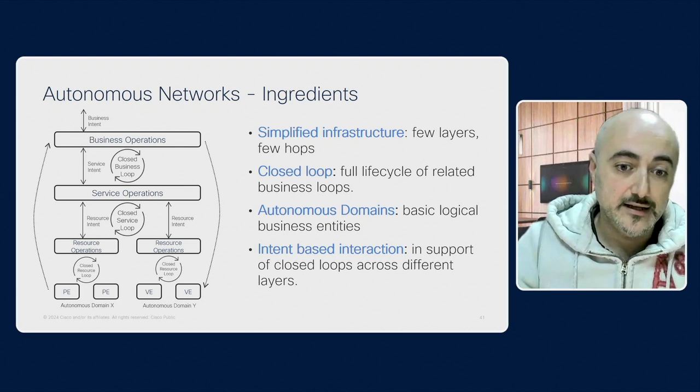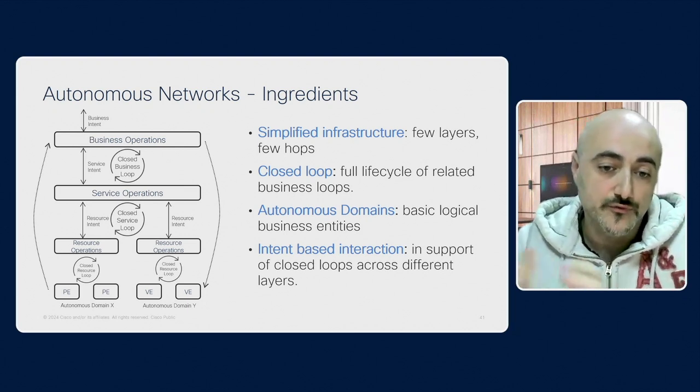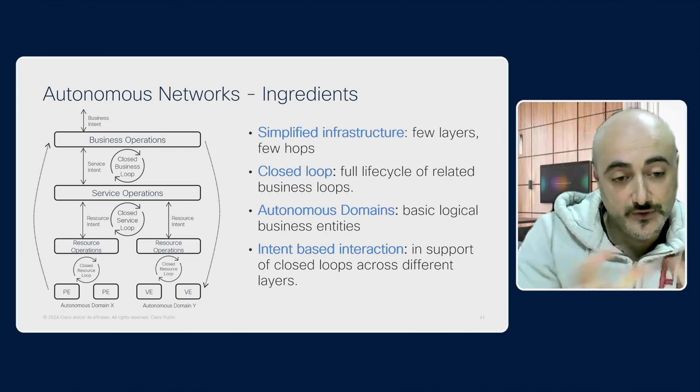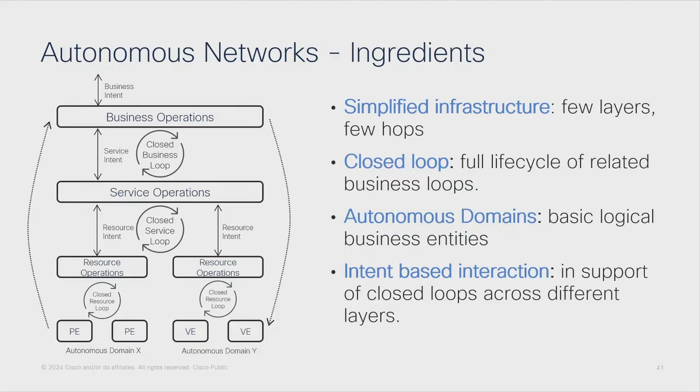And then finally, we are moving from a configuration-based type of approach between the various layers to something that is intent-based, so something that is simpler and easier to manage and verify. So all the different building blocks mix to build a framework.